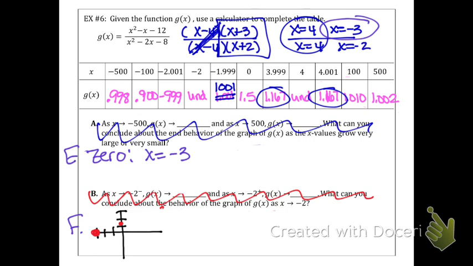So x is 4, and y is just a little bit above the 1. Now remember, a hole is just going to be an open circle. We said there is a vertical asymptote at negative 2. And there is a horizontal asymptote at 1.